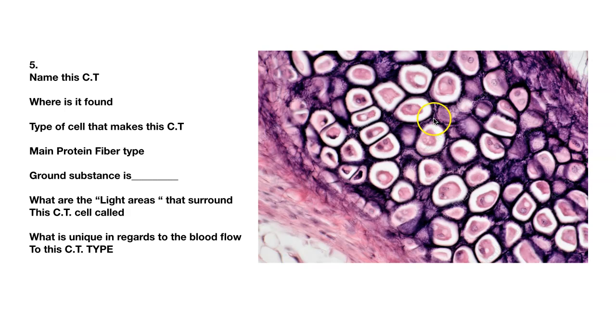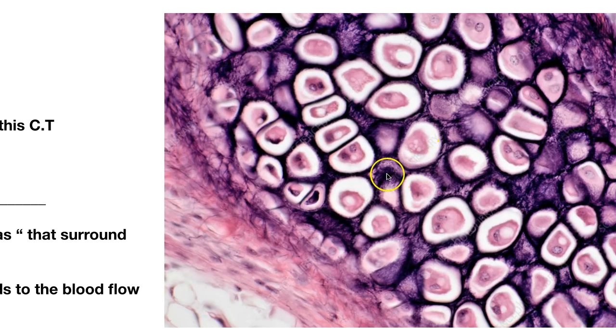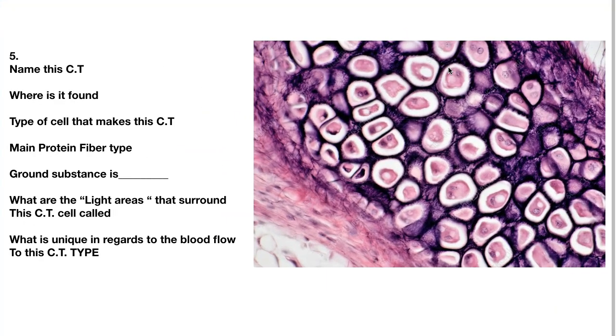So automatically you go, I know this is a cartilage. Then you look to the matrix. What do you see in the matrix? You see a lot of black fibers, really easy to see all these black fibers. Those are elastic protein fibers made by these chondrocytes. This is elastic cartilage.